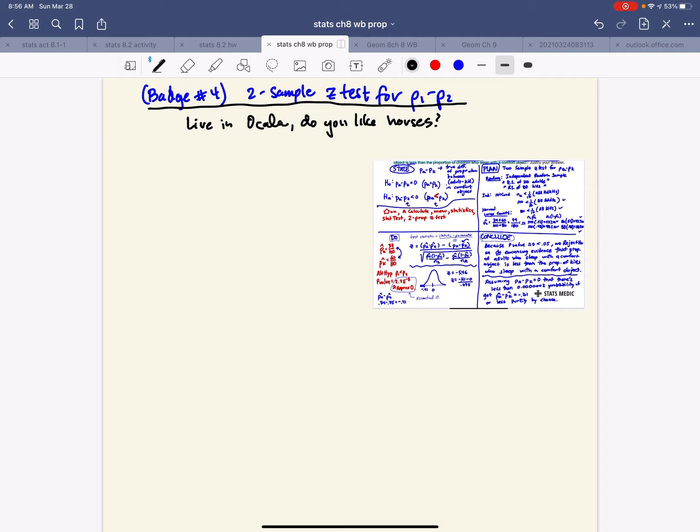And let's say that you might think it may make a difference between old people and young people. So you think there could be a difference.